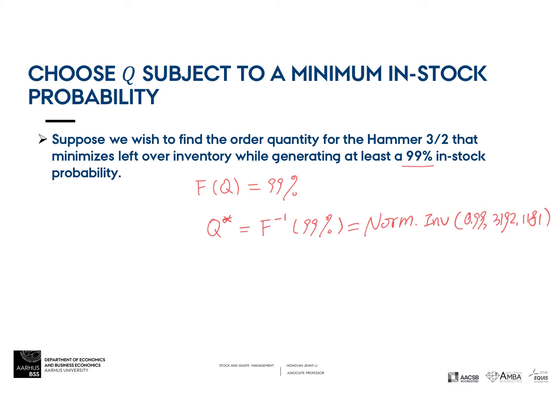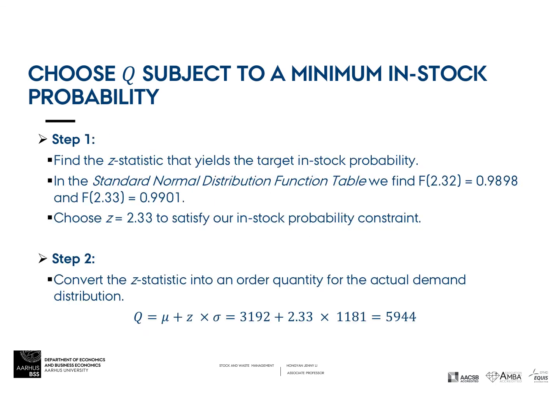If you think that's too abstract, then you can also go through the z statistic calculation. This slide goes through a more complicated calculation. So two steps. First, you need to find a z statistic that yields the targeted in-stock probability.